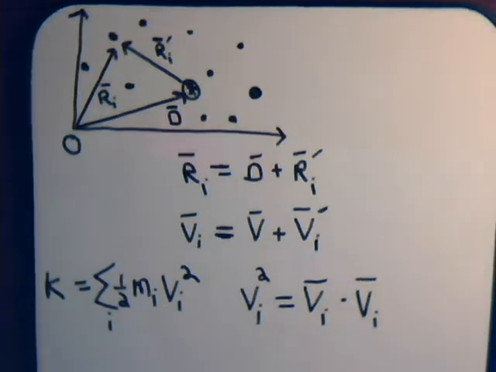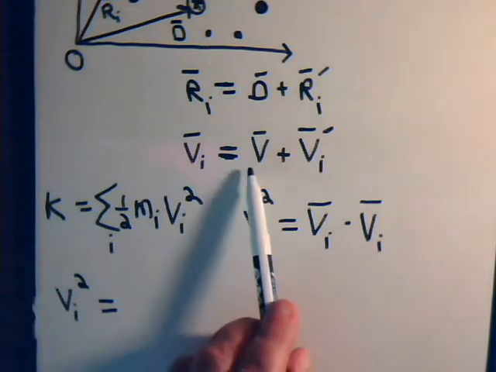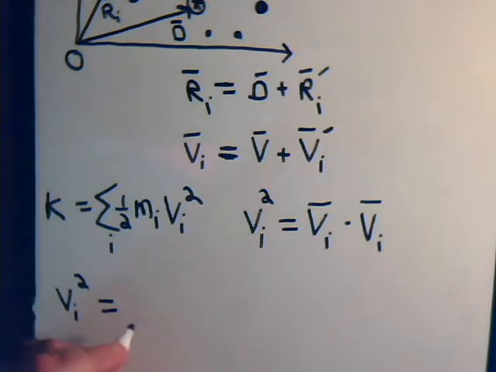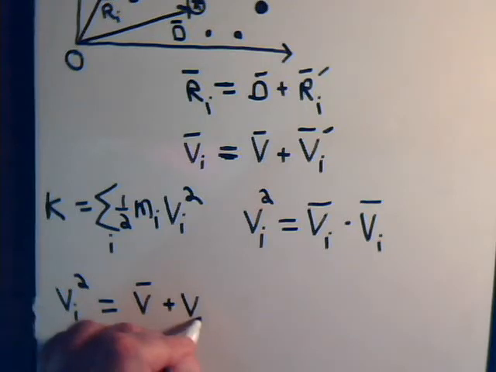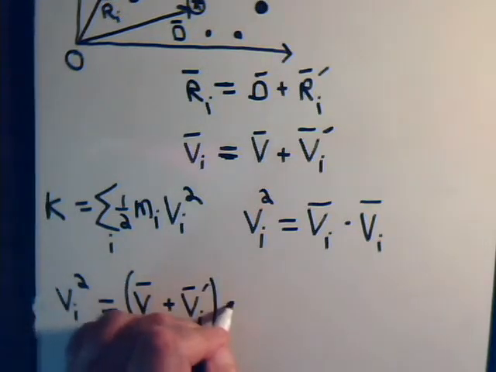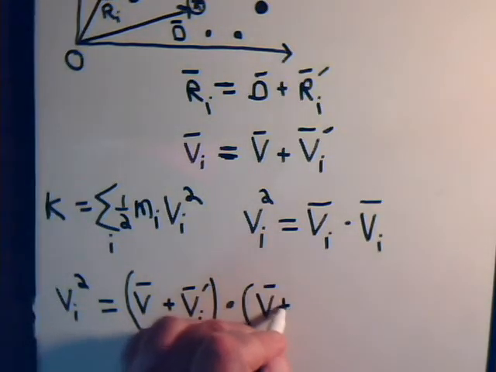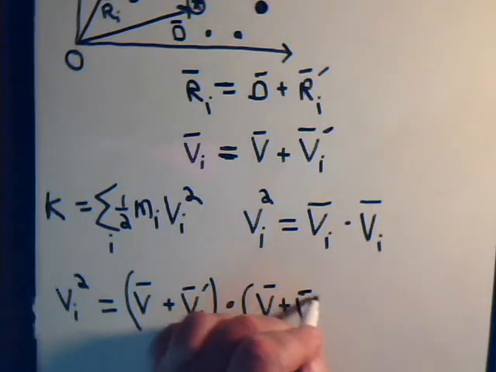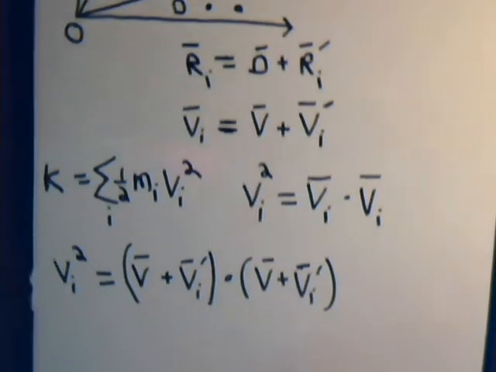So we can say that vi squared will equal the dot product of this with itself, like this. So let's go ahead and take this dot product and see what kind of expression it gives us.